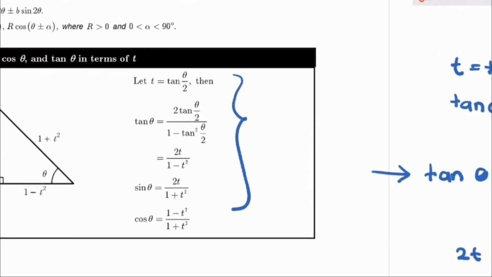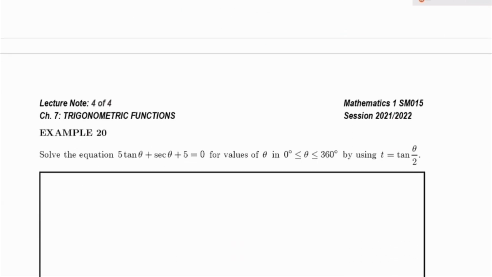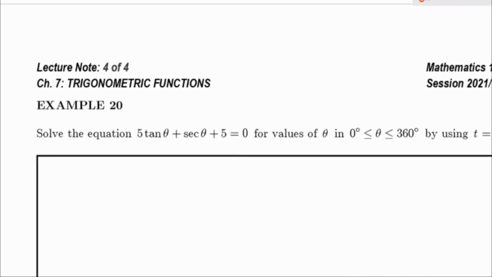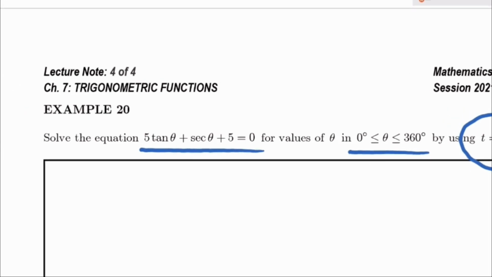Look at example 20. Solve the equation 5 tangent theta plus secant theta plus 5 equal to 0, in the given range 0 to 360, by using t equals tangent theta over 2. So we start from t equals tangent theta over 2.